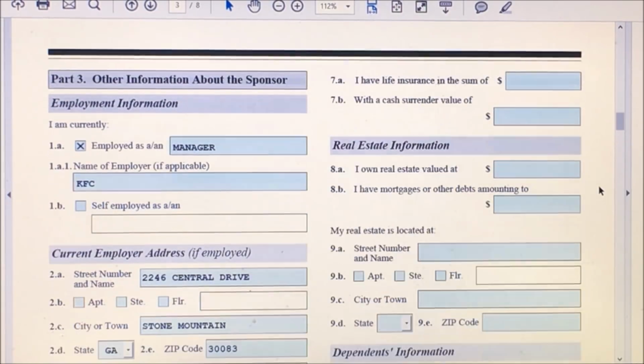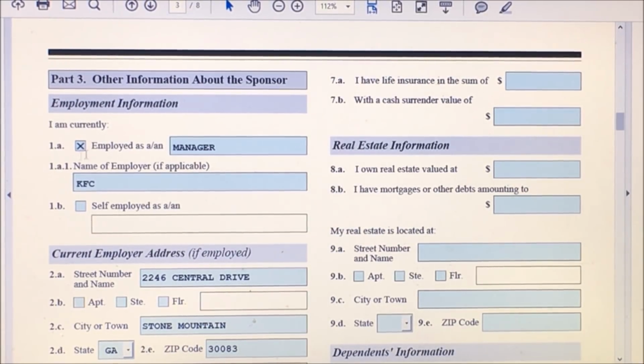And then other information about the sponsor. This is for the sponsor, the US citizen. So be specific about the type of job you do. Example, you are a software engineer, IT manager, insurance agent, receptionist.